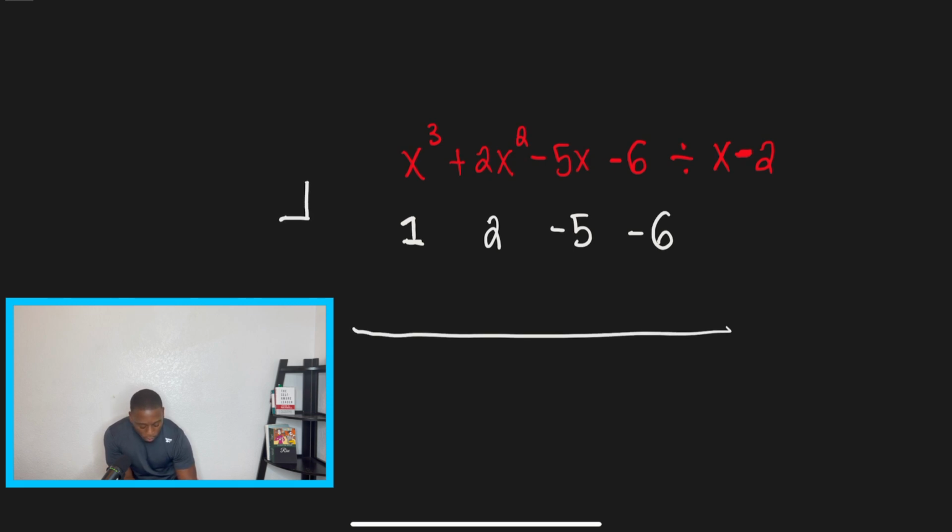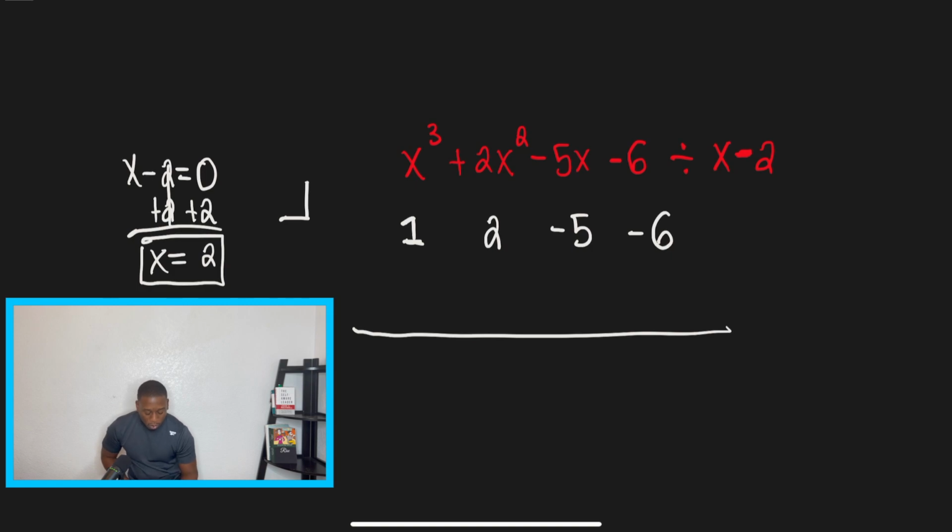The number that we're dividing by, we set our factor x minus 2 equal to 0. Once we set this factor equal to 0 and solve for x, we know that x is now equal to positive 2. At this step we can fill that 2 in.